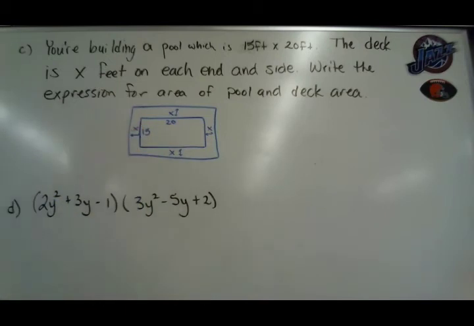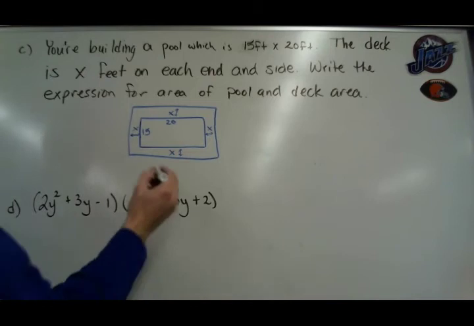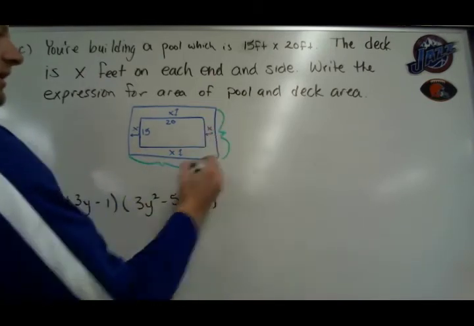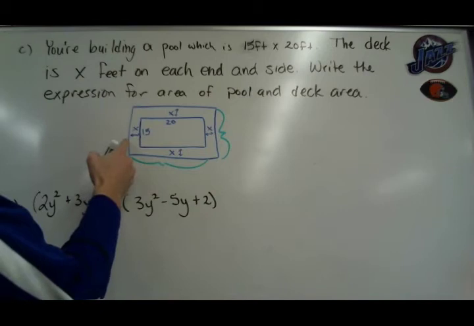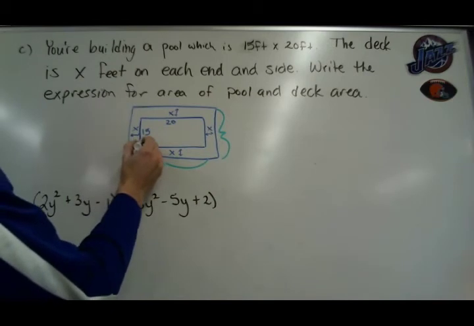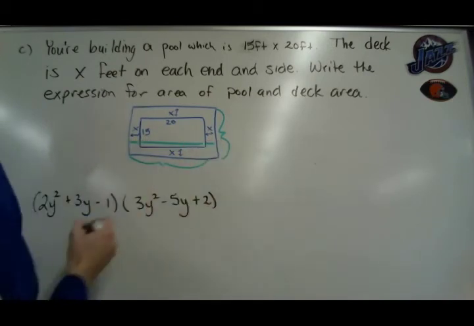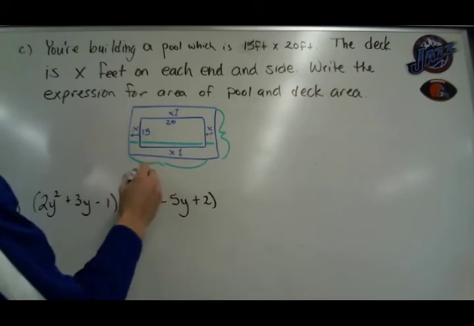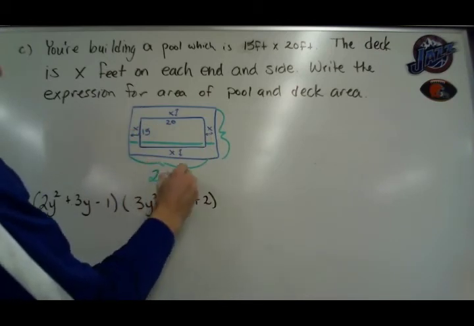And now we want to find the area. Well, the area of a rectangle is the length times the width. So this would be considered your length, and this would be considered your width. For the length, we've got to add this plus this plus this. Well, that's x plus 20 plus x, or 2x plus 20.